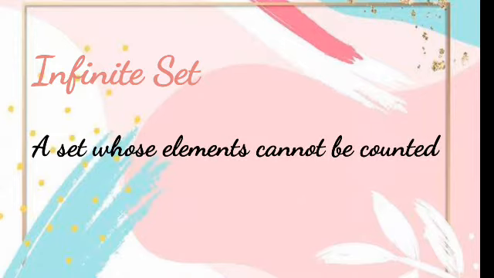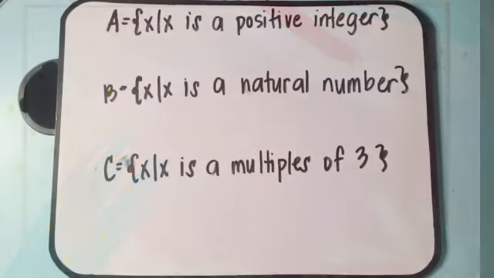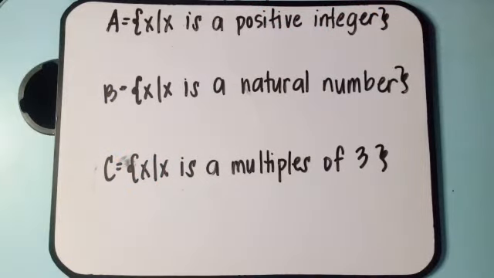The second one is the infinite set. It is a set whose elements cannot be counted. So, if in a finite set we can count the number of elements, in an infinite set we cannot count the number of elements of any given set. We have here the examples of infinite set. Set A is the set of x such that x is a positive integer.